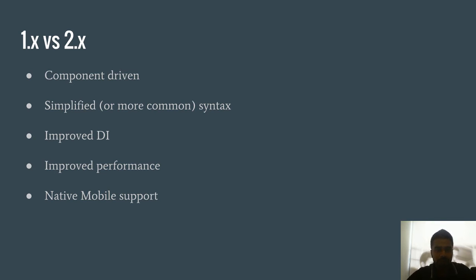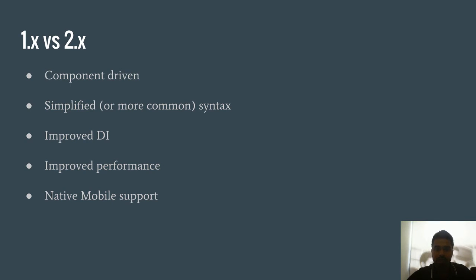So comparing Angular 1 and Angular 2, we can see several differences. One is that Angular 2 is completely component driven and it is module based. So you would see many more modules in Angular 2 than Angular 1, and the core has also been separated into modules.